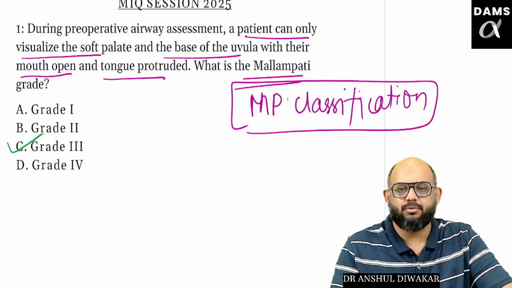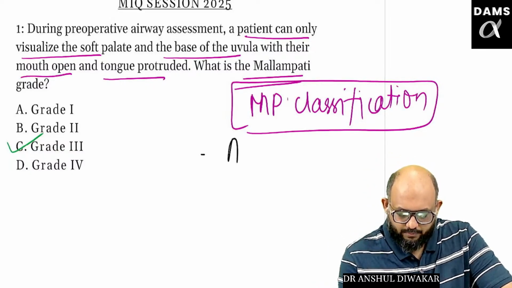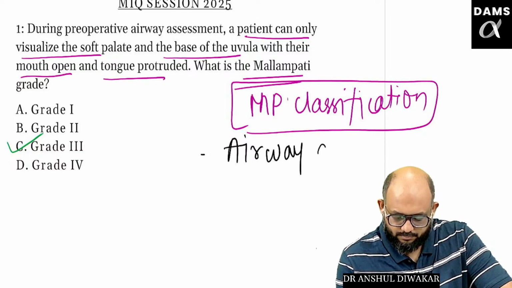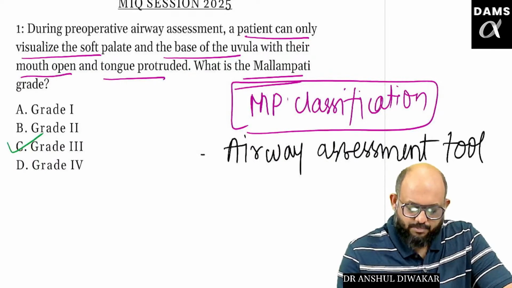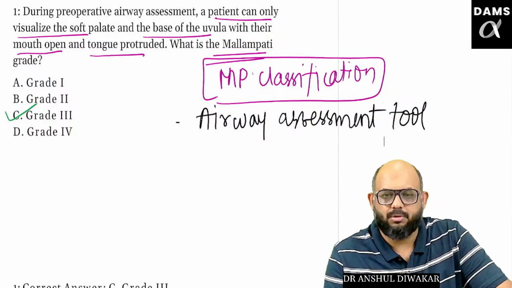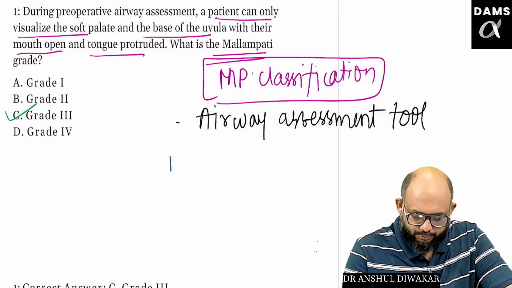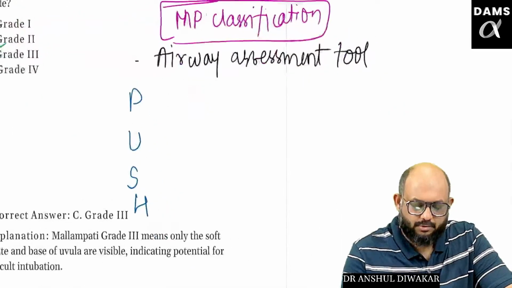It is also important to know what Mallampati is, because it is one of the most important airway assessment tools. What are you looking for? Pillars, uvula, soft palate, hard palate.